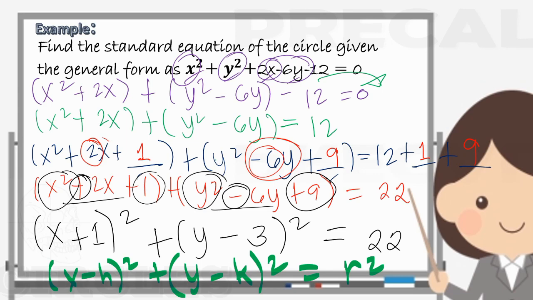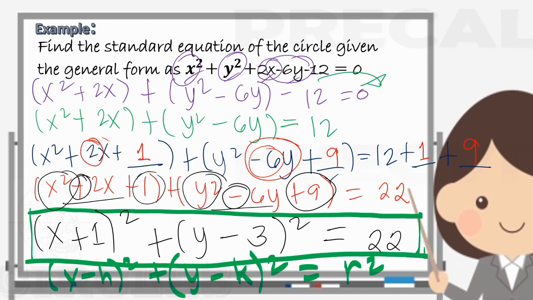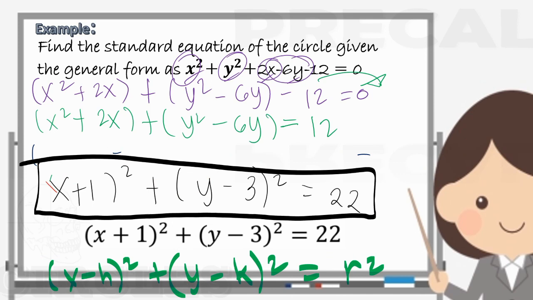So, diba? Nasa standard equation na siya. So, ito na yung ating final equation. Check natin kung tama ba. So, x plus 1 squared plus y minus 3 squared is equal to 22. So, tama naman yung answer natin.